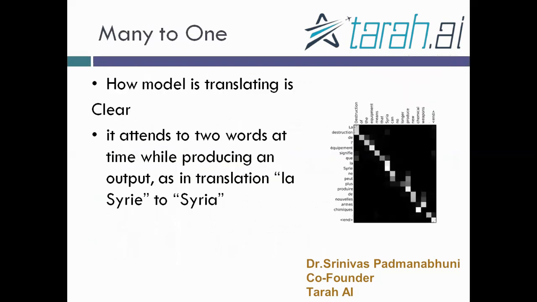So here, for example, if you see the translation from, let's say, French to the target English, you can easily see that the output, say you look at the word destruction, is looking at two different words in the original sentence, la destruction. Similarly, if you say Syria, it is looking at la Syrie.